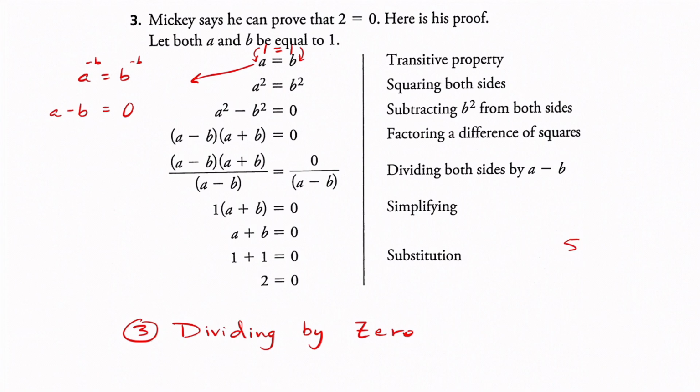So if you ever had like 5 divided by 0, that would give you an error. So you can never divide by 0. So that means I can't divide by a minus b. But right here, they are dividing by a minus b. And that is 0. So at that point right there, they're actually dividing by 0, which is the error.